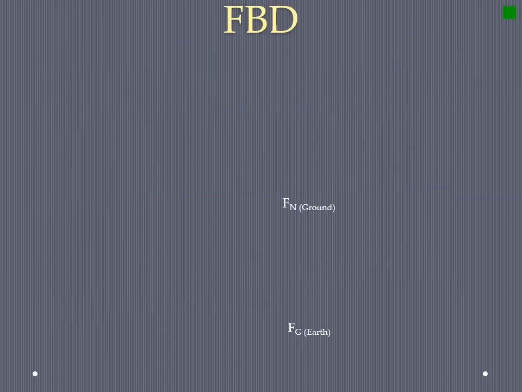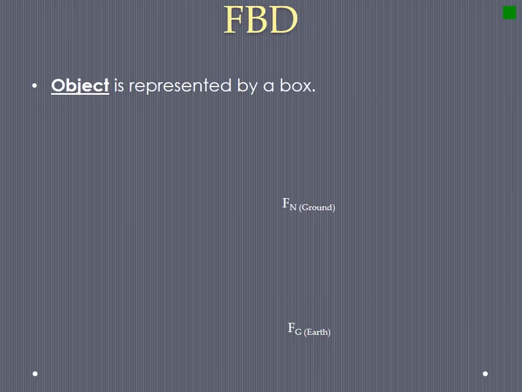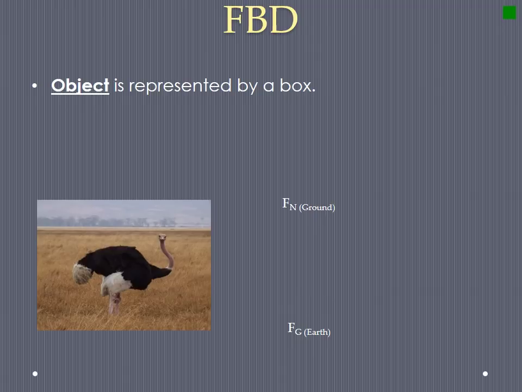Let us look at an example. When you draw an object, that object is represented by a simple box. You can label the box if you choose, but no longer are complicated illustrations required for representing objects in reality. So this ostrich becomes this ostrich.